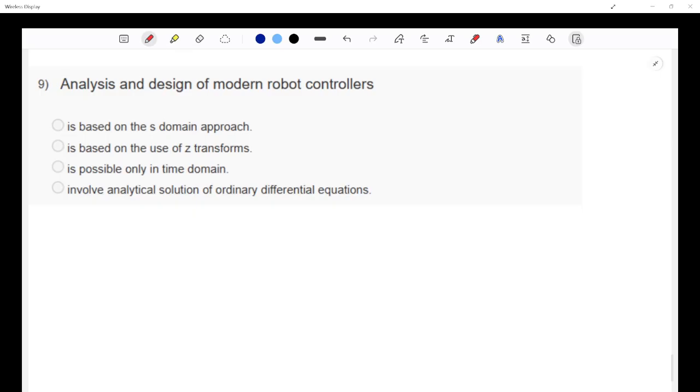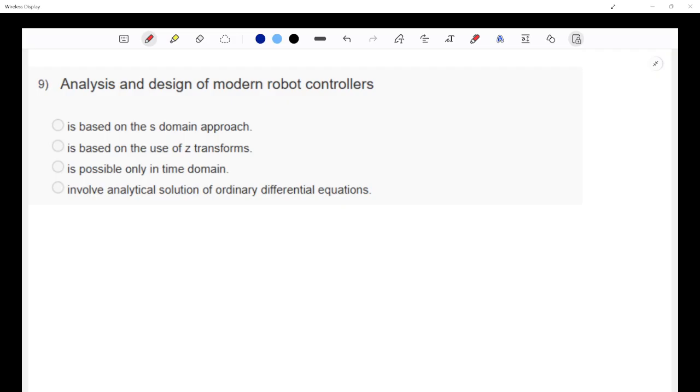Analysis and design of modern robot controllers is based on the S-domain approach, based on the use of Z transforms, is possible only in time domain, or involves analytical solution of ordinary differential equations. Modern robot controllers are digital, implemented using microprocessors, and work in discrete time.